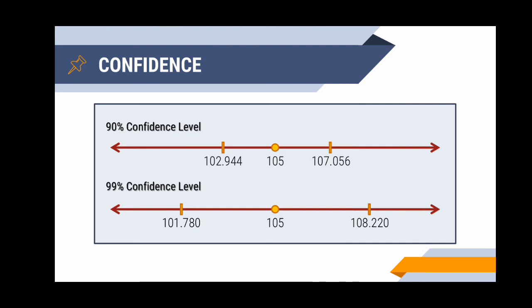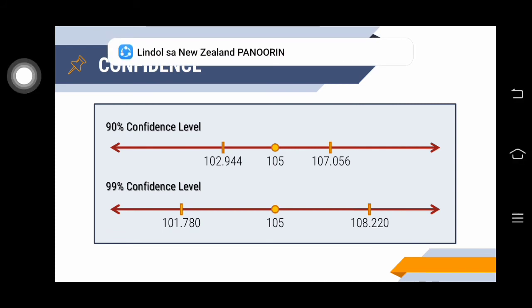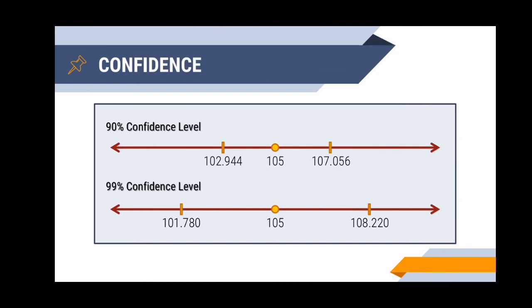And if we want to be 99% confident naman, without increasing the sample size, the value will fall between 101.78 and 108.22. As mentioned earlier, need nating mag-sacrifice ng precision if you want to have a higher confidence and vice versa.